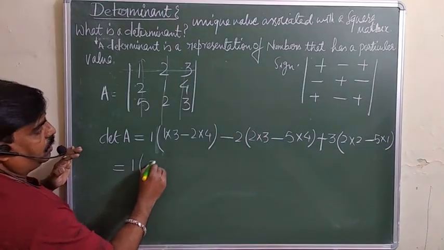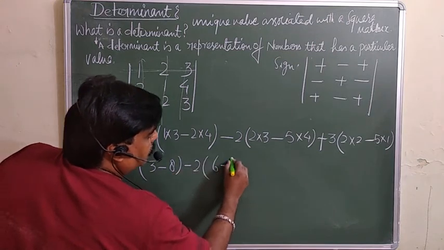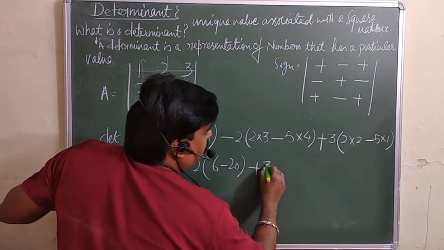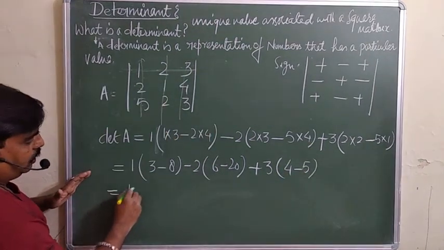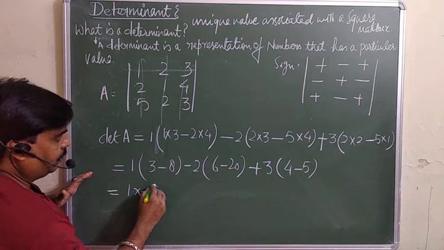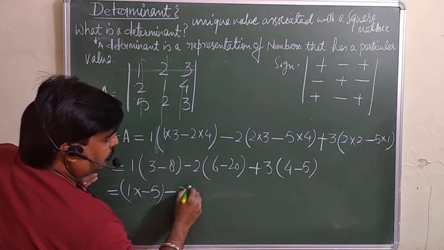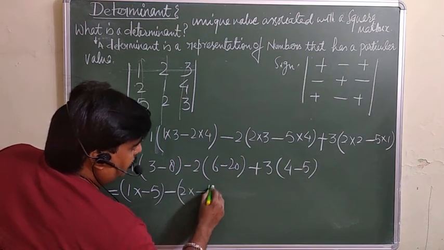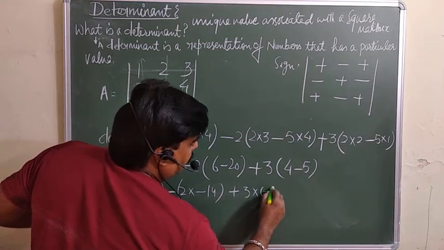So this is 1 into 3 minus 8, minus 2 into 6 minus 20, plus 3 into 4 minus 5. So this is 1 into minus 5, minus 2 into minus 14, plus 3 into minus 1.